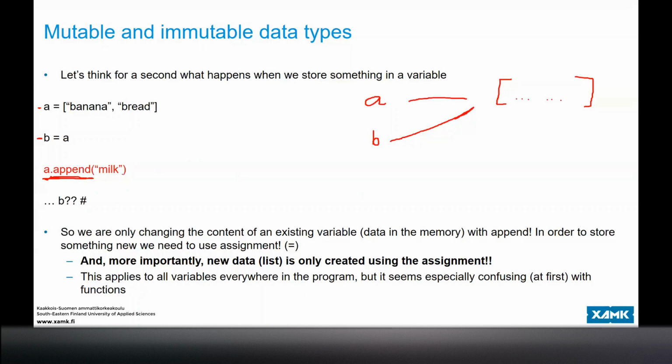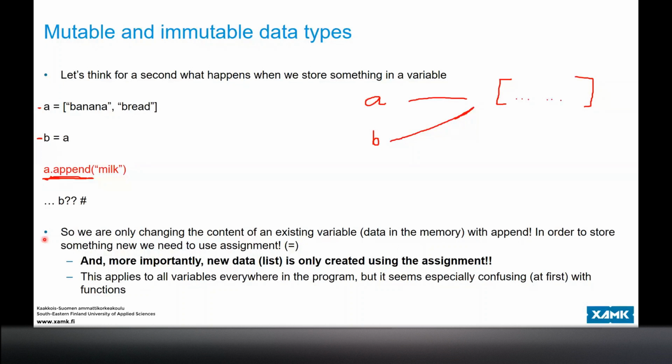It's just a question of what variables we have and which data elements in the computer's memory they are actually pointing to. So in this latter example, A and B point to the same thing because we are only changing the content of this existing variable, the existing data in the memory, with append.